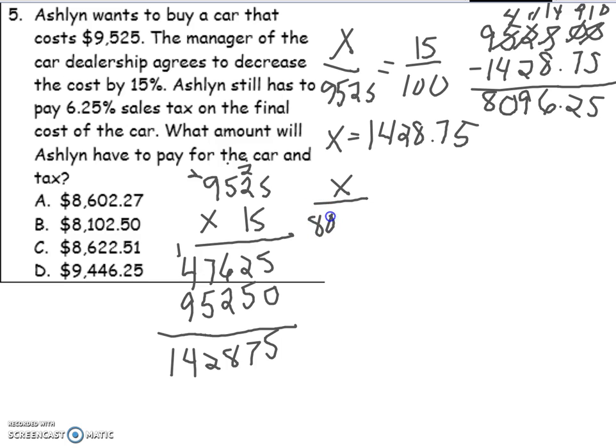So we have $8,906.25 equals 6.25 over 100.